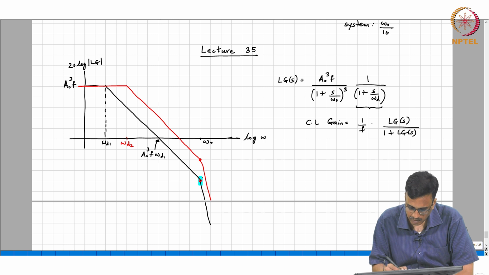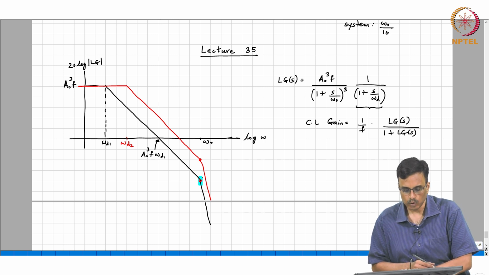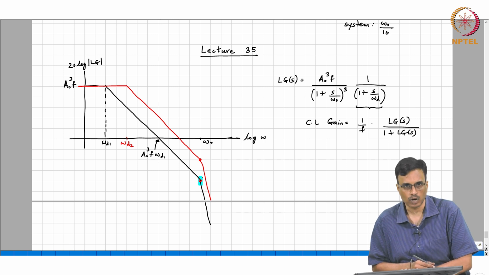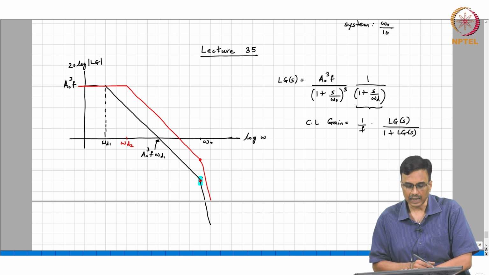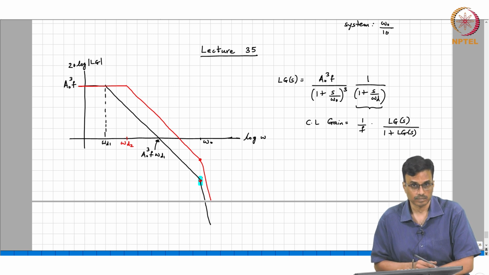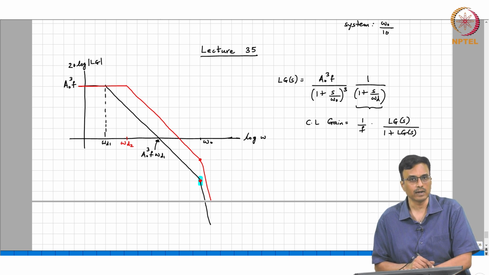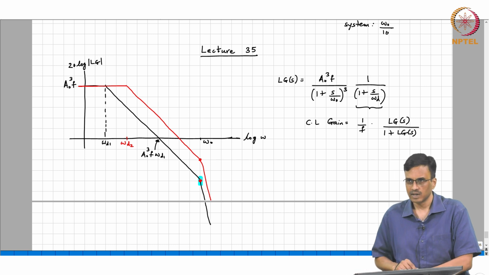What is the difference? We see that with omega d1 versus omega d2, the loop gain at the frequency at which the response deviates from true first order behavior is much lower when you choose omega d1 versus omega d2, and consequently, it's fair to say that choosing omega d1 results in a better approximation to a first order system.